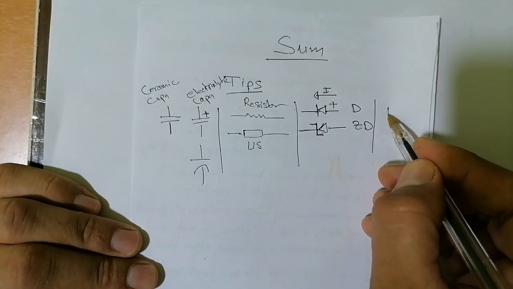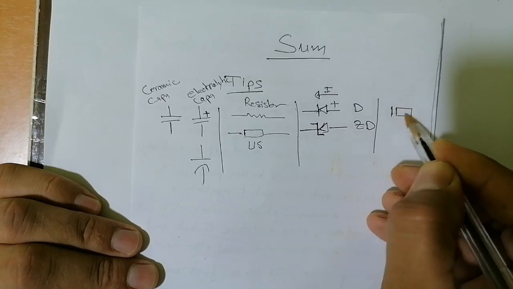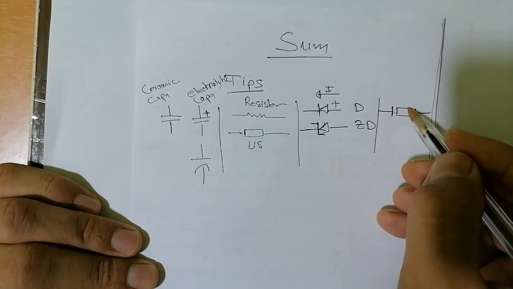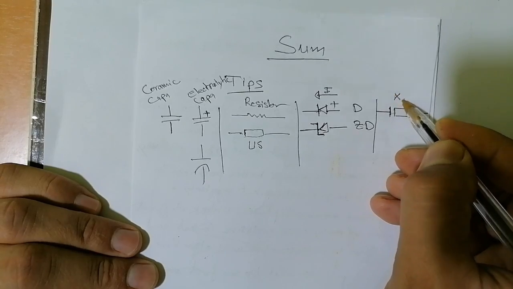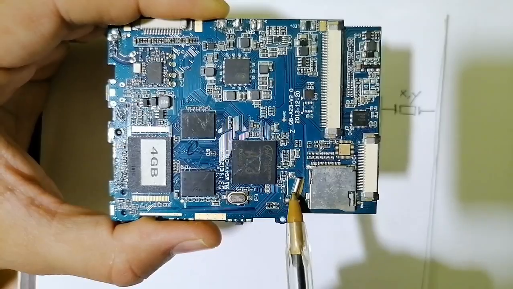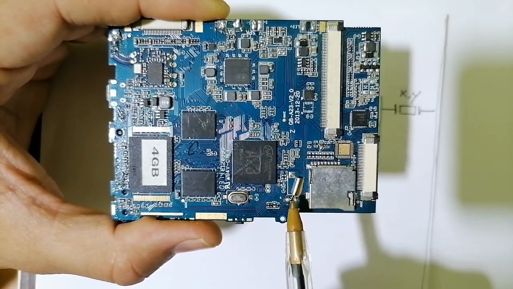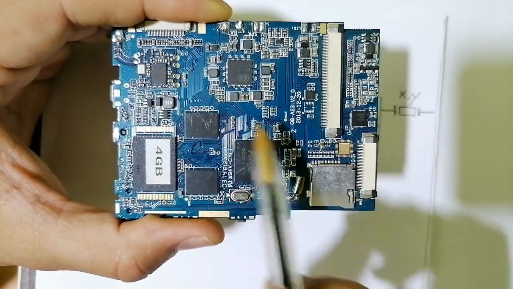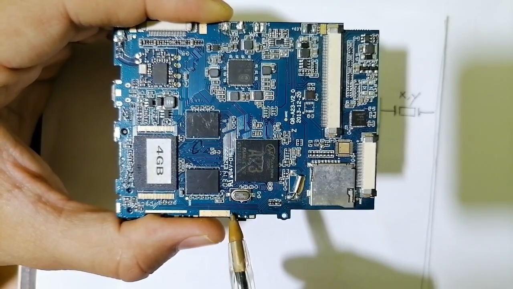So this is the symbol for the crystal oscillator. For the crystal, this is its symbol. Its reference is X or Y. As you can see, this component is the crystal oscillator. Without this crystal oscillator, the motherboard cannot work properly.